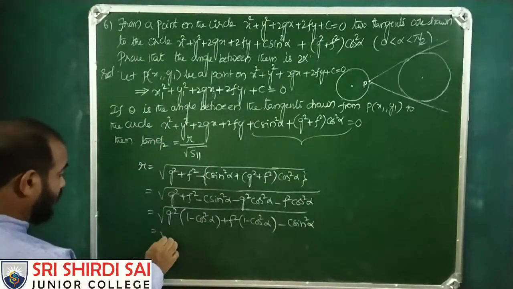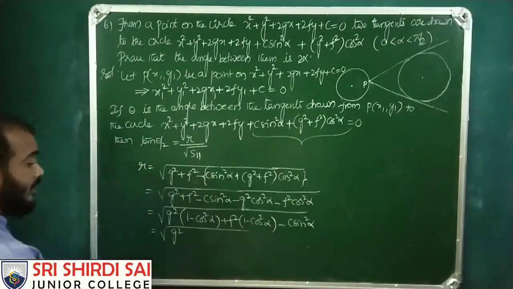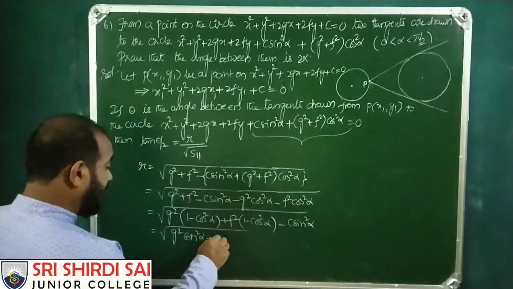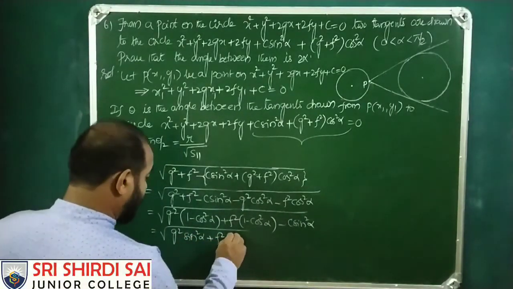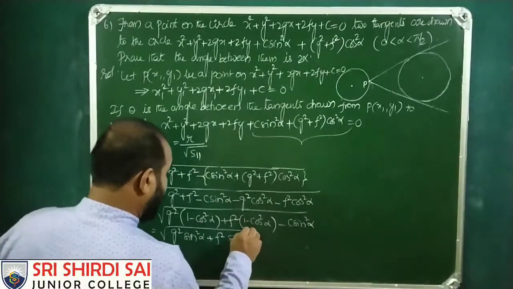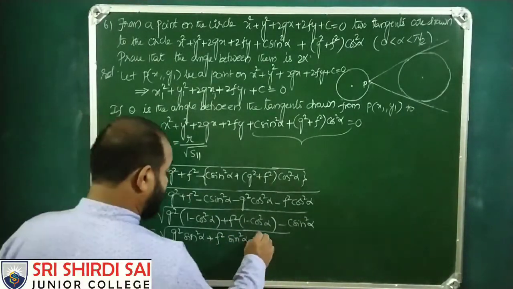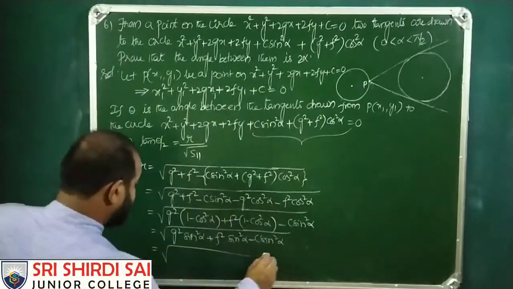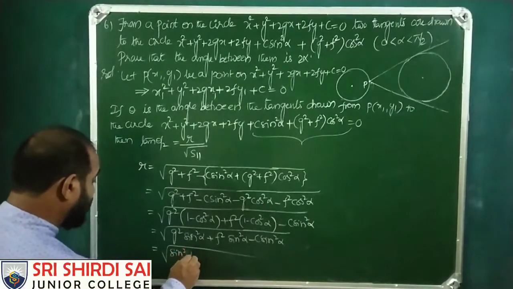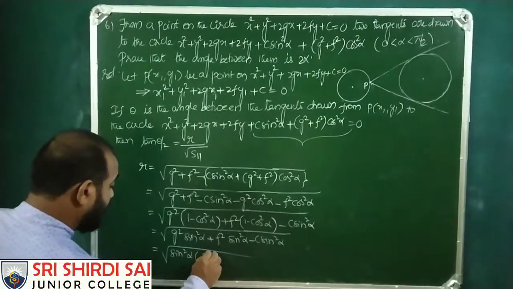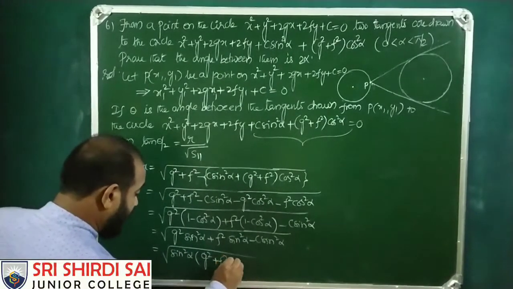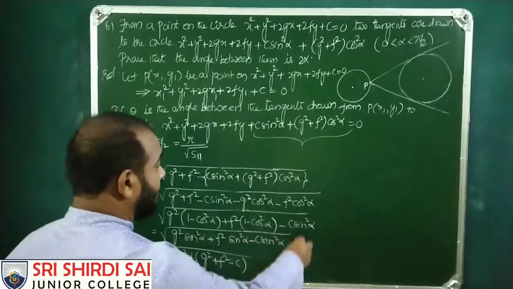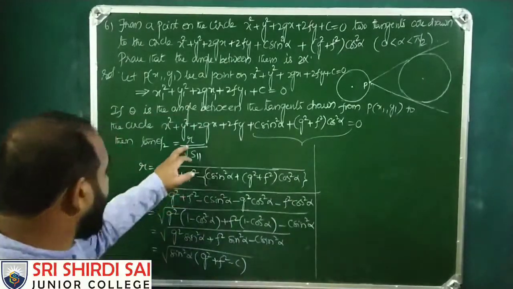This is equal to square root of g square, 1 minus cos square alpha is sin square alpha, g square sin square alpha plus f square sin square alpha minus c sin square alpha. If I take sin square alpha as common, then g square plus f square minus c. So this is r.